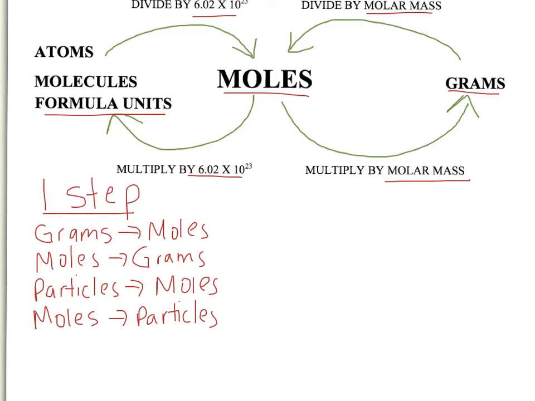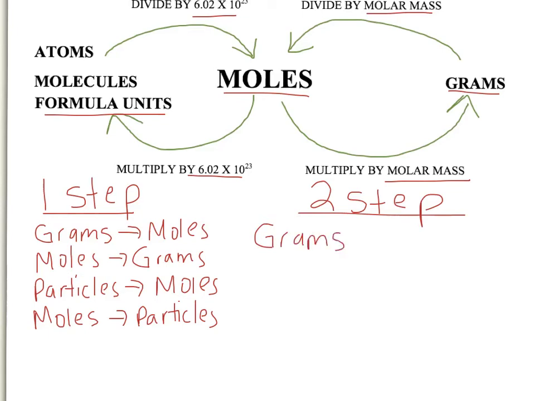In this video, we're going to learn what are called two-step conversions, meaning you are going to start either with grams and convert to first moles and then to particles, or you're going to start somewhere on this end, either atoms, molecules, or formula units, and first convert to moles and then to grams. So these are a little bit trickier, and you're definitely going to have to be very comfortable with this guide because these are a little bit harder.